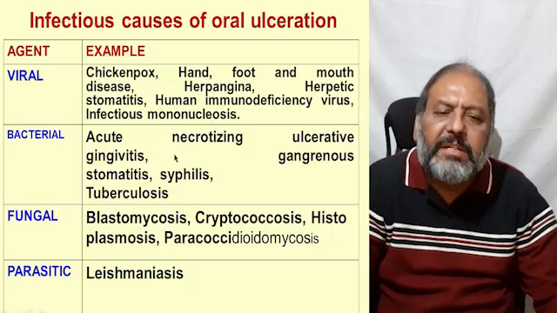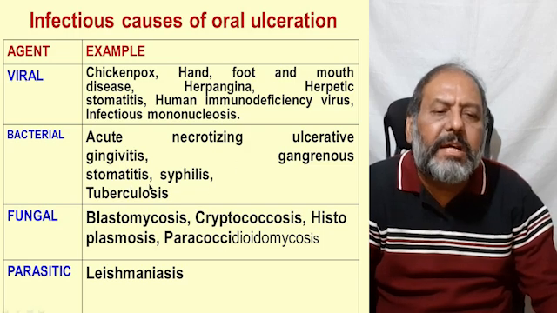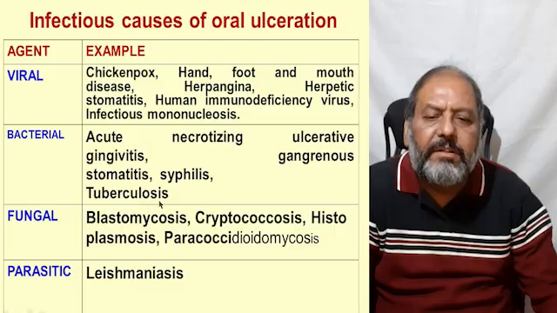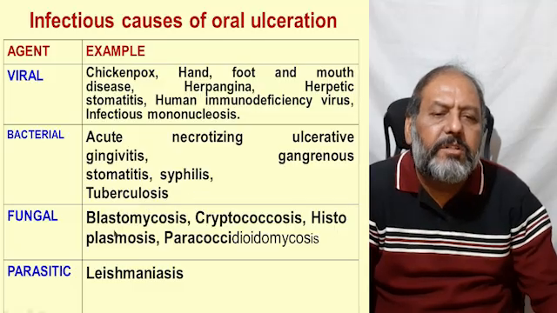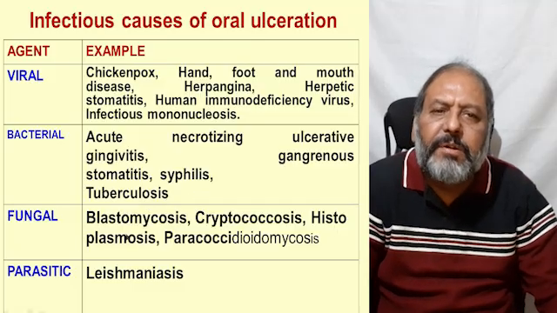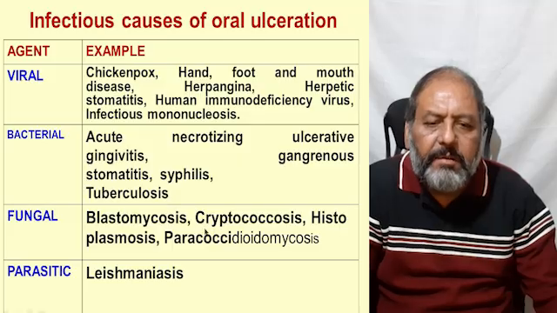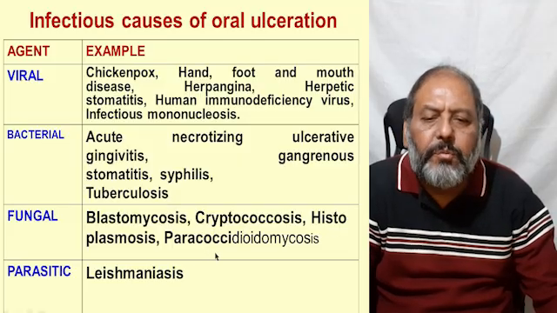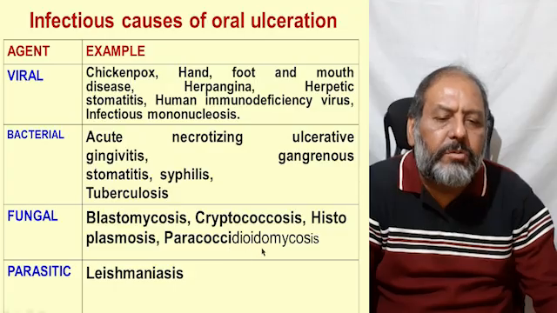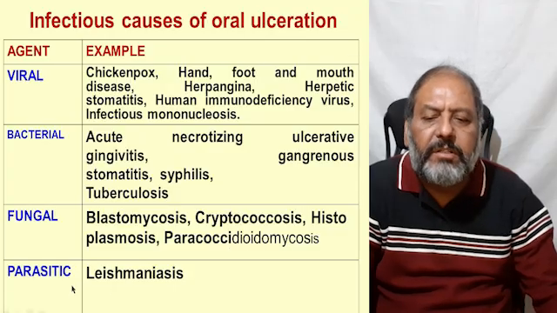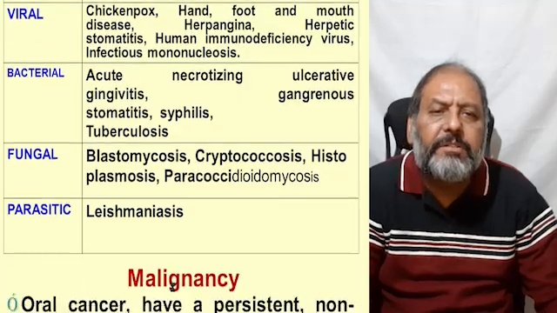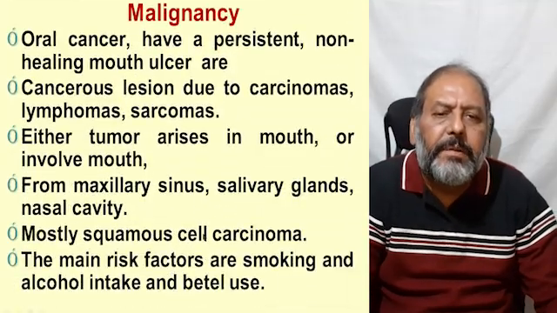In the case of bacterial, acute necrotizing ulcerative gingivitis, gangrenous stomatitis, syphilis, and tuberculosis. In the case of fungal ulcers, blastomycosis, cryptococcosis, histoplasmosis, and paracoccidioidomycosis. And in the case of parasitic, leishmania is notorious for causing it.